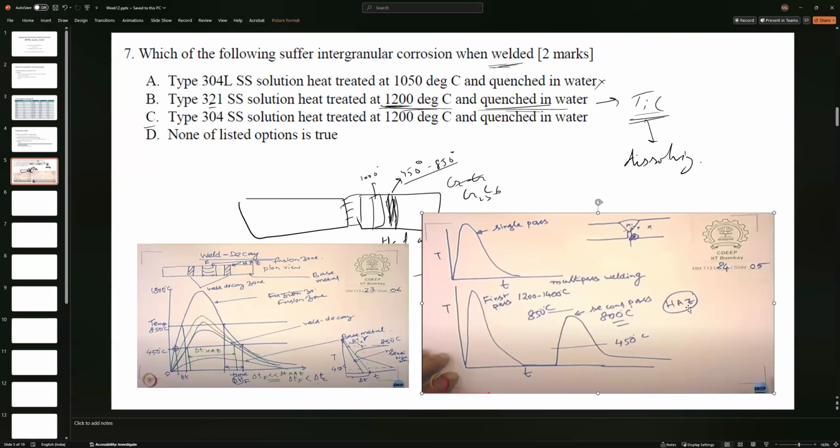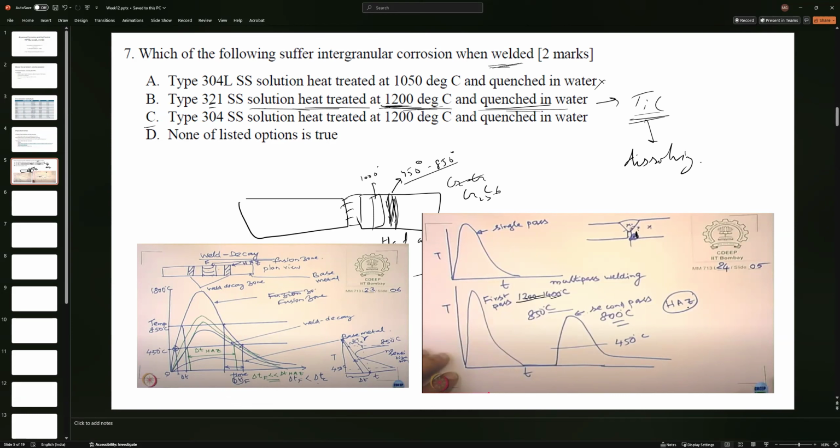Even in the stabilized state, why was a knife line attack happening? At this area, it was initially going above 1200 degrees Celsius, and the titanium carbide was dissolving. Now they're solution treating the entire metal by taking it above this temperature. So any benefit you had with the titanium, you destroyed it now.